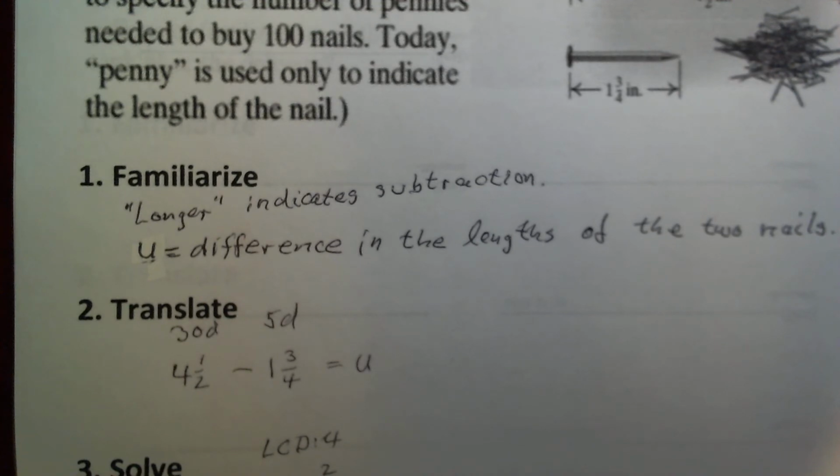We notice we cannot subtract 3/4 from 2/4, so we need to borrow a whole from the 4, so it becomes 3 4/4 and 2/4 is 6/4, minus 1 3/4. So now we can subtract, and 6/4 minus 3/4 is 3/4, and 3 minus 1 is 2.